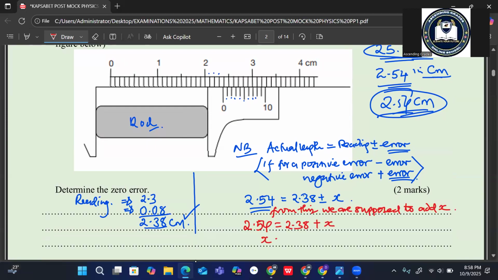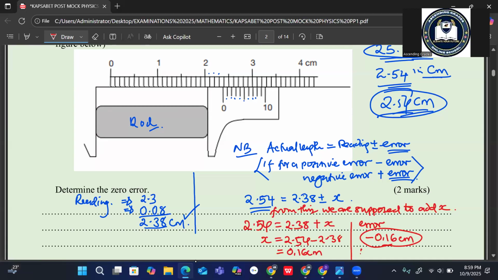So x becomes 2.54 minus 2.38, and I get 0.16 centimeters. The error will be negative 0.16 centimeters.